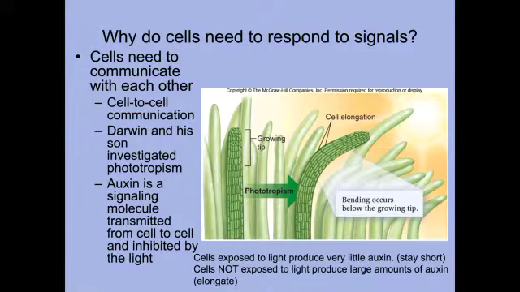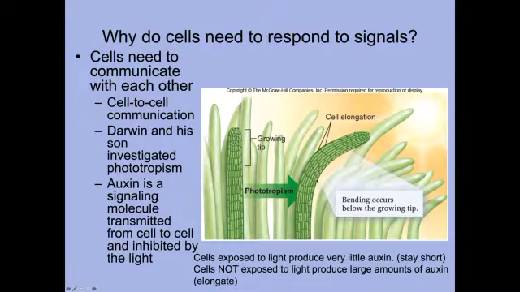So you can see here in the bent blade of grass that these cells over here on the left are very, very long. Notice that this is the side of the plant stem or grass blade that is not directly in the sunlight. Over on the right side, these cells do not produce auxin. The production of auxin is inhibited by the degree of light that is on the plant.